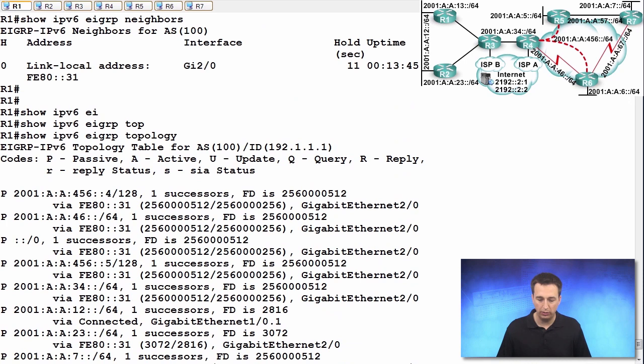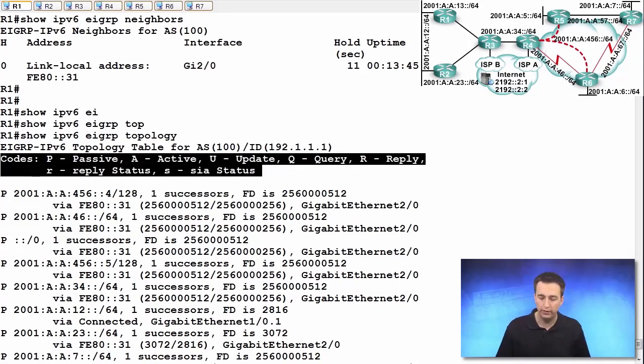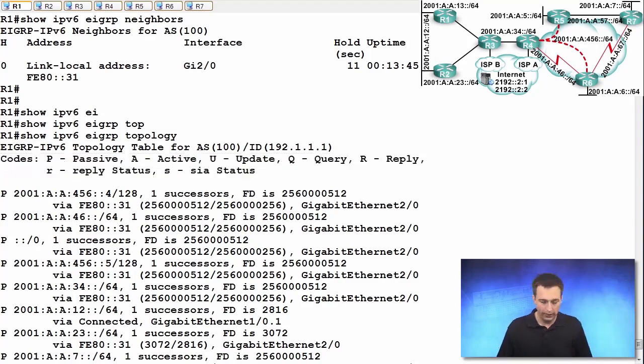This topology table is associated with EIGRP Autonomous System 100 for the IPv6 protocol, and the router ID is 192.1.1.1, so it's this router's topology table. The same codes that we have with IPv4 EIGRP we have here. And we can see all of the routes we have learned.